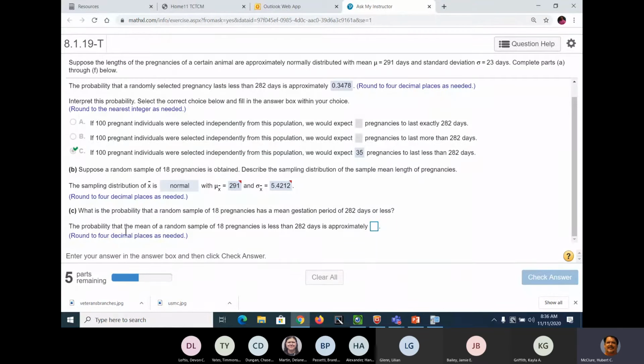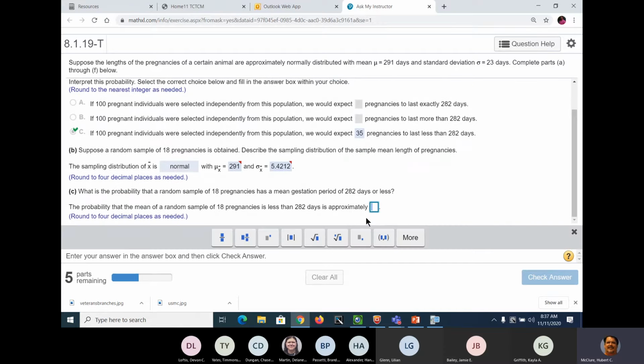And our probability we come up with, now since they got 5.4212, since they did 12, their answer may be a little bit different than ours. It says round to 4 decimal places. I'm going to use the new calculator, 0.0484. Now, it may be off because they're using 5.4212 and we only used 5.42.